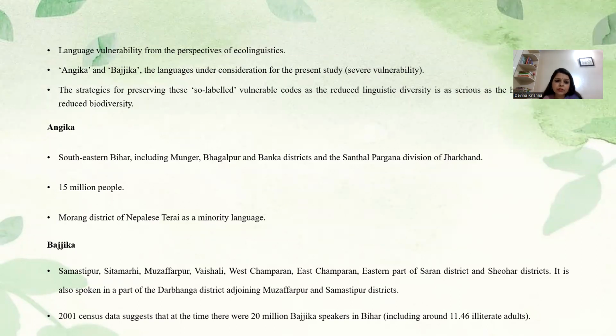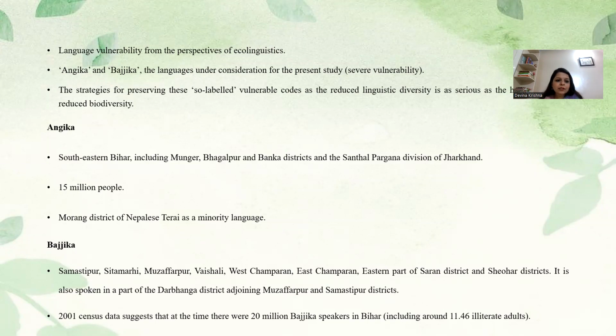I'll also talk about the strategies, that is, how we can reduce the vulnerability and add to the revitalization of the language. Though these languages are spoken, the speakers are few in number. They are not facing levels of endangerment, but of course there is this issue of vulnerability. Now, let me talk about Angika.